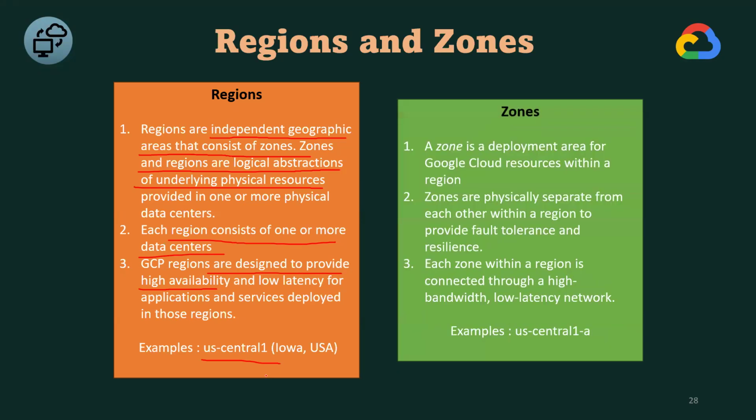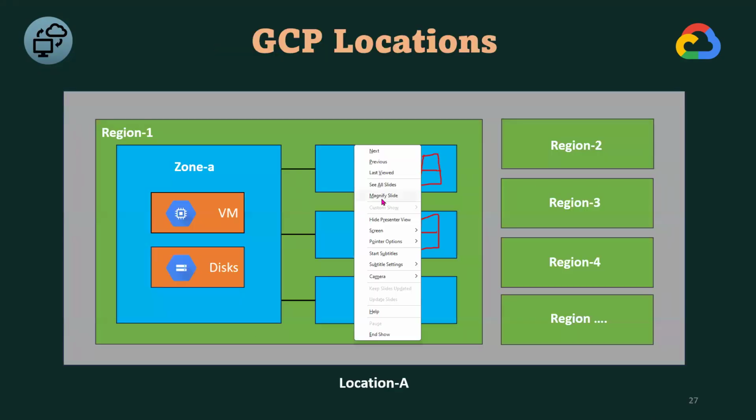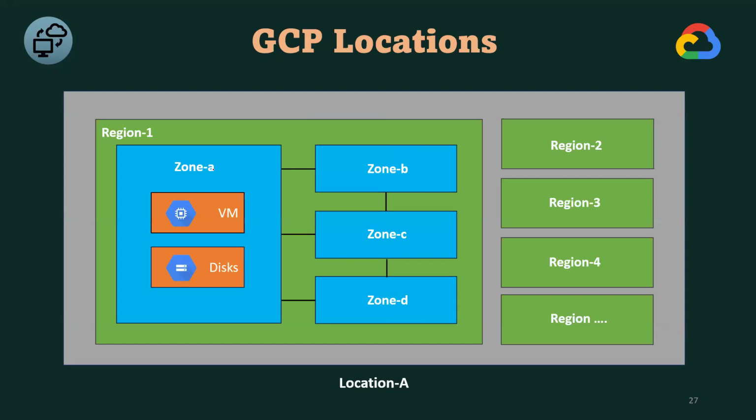Similarly, what is a zone? A zone is a deployment area for Google Cloud resources within a region. Zones are the ones having the data center. In the data center, you will have the resources, and on top of these resources we are going to do the deployments.